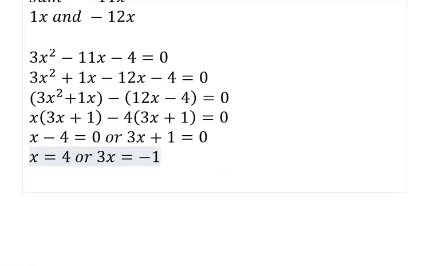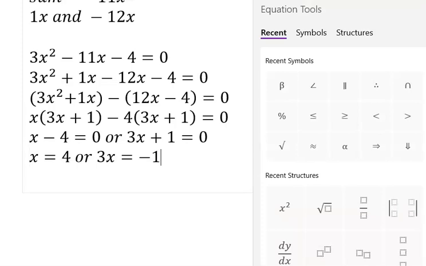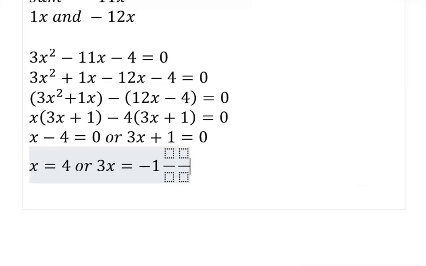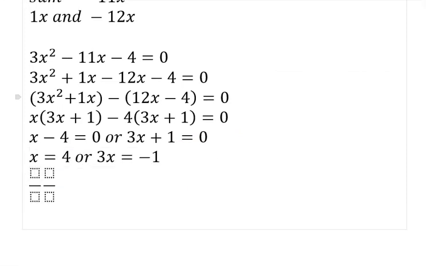If you have not seen our change of subject of formula video, I said in that video that we'll be making use of such in virtually a whole lot of topics in mathematics. That's what we are trying to do here. Awesome. Okay, let's still bring this down. So let's still say our x equals 4 on this side.